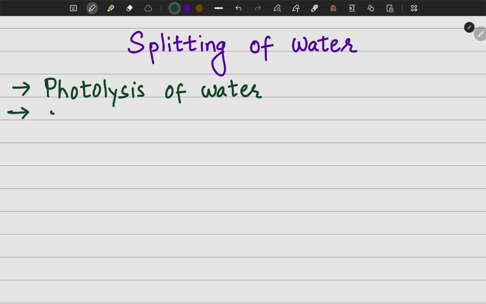So the electrons will be produced and oxygen gas, O2, will be released.